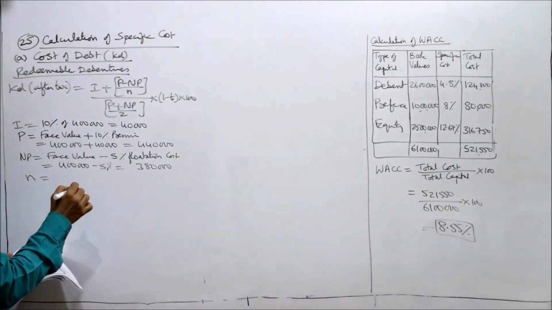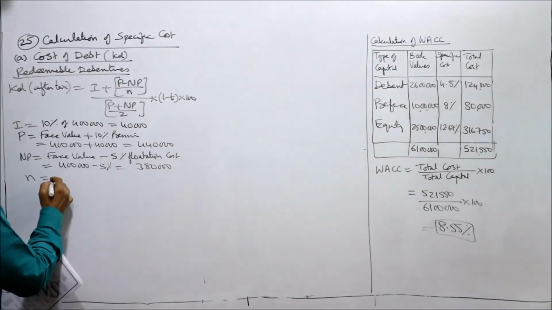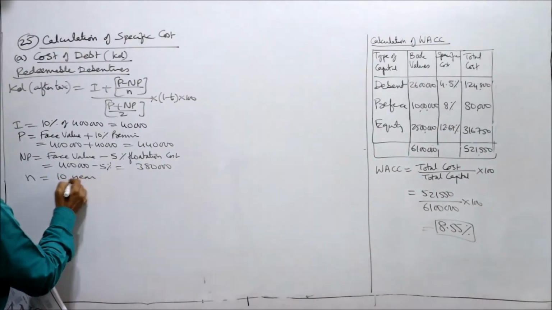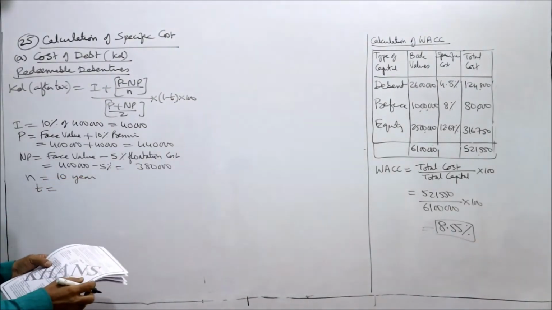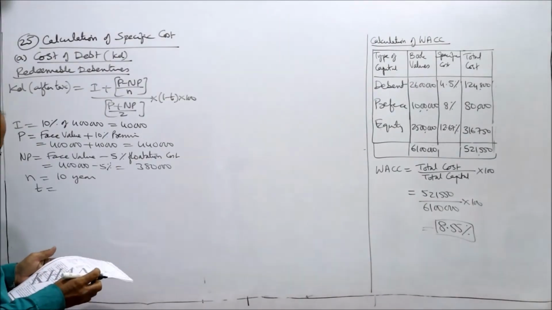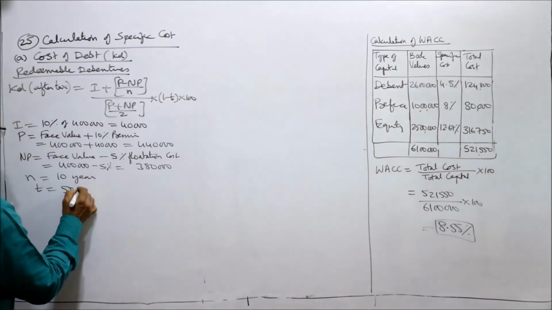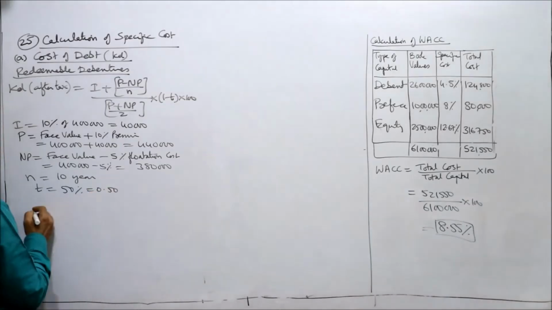N is equal to how many years? 10 years. T is equal to tax rate. Tax rate is 50%. That's all.